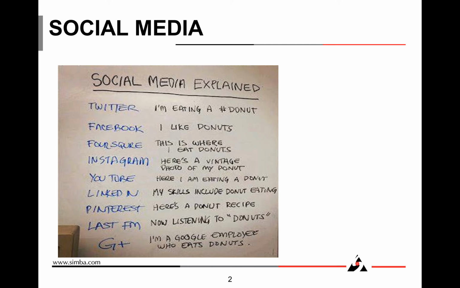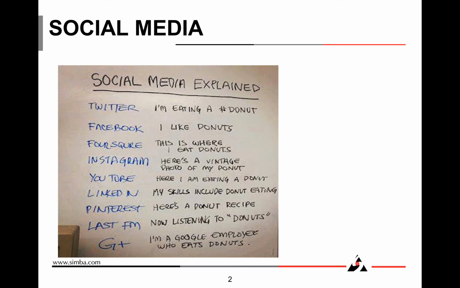Within the context of my deep affection for donuts, what my friend said is, Tom, what you need to do is get on Twitter and hashtag donut. Once you've done that, go over to Facebook and like donuts. Then get onto Foursquare and say, this is where I eat donuts. If you don't have Instagram, go get it and put up a vintage photo of my favorite donut.